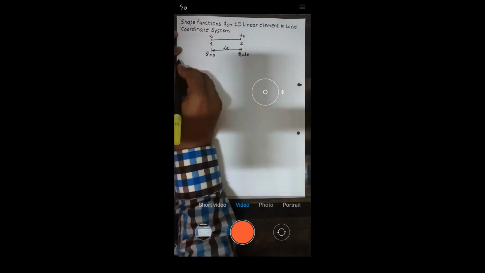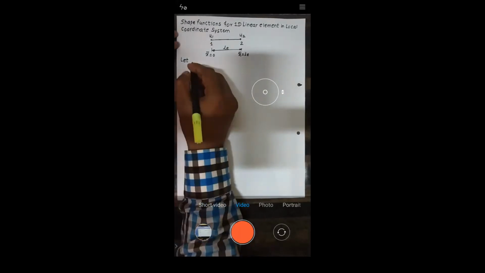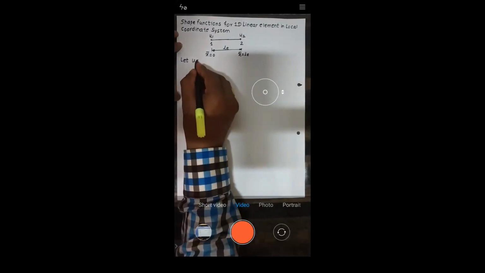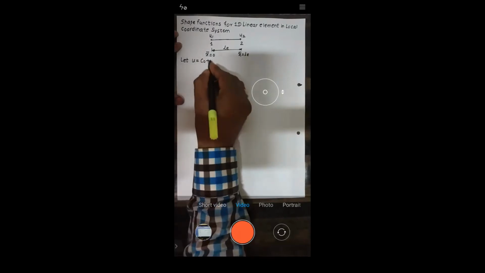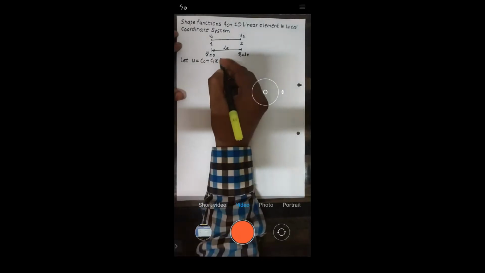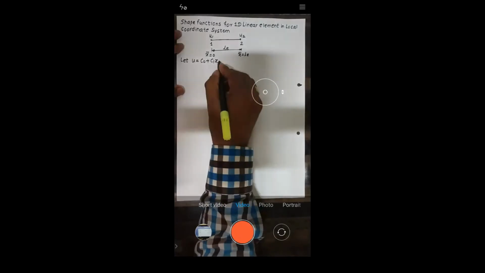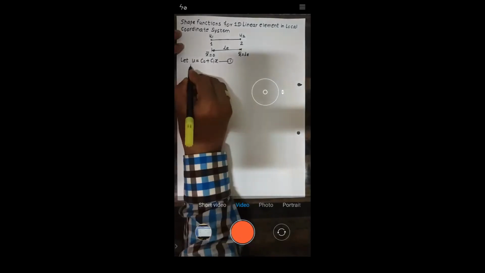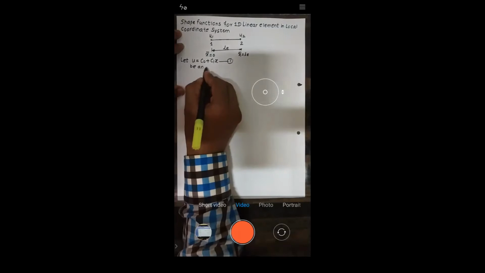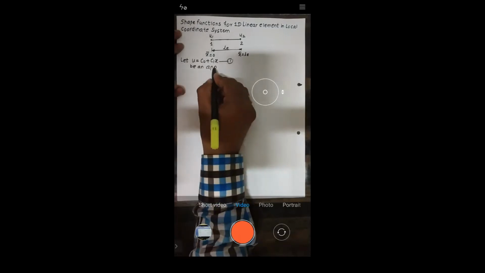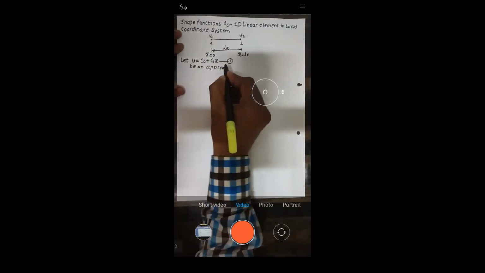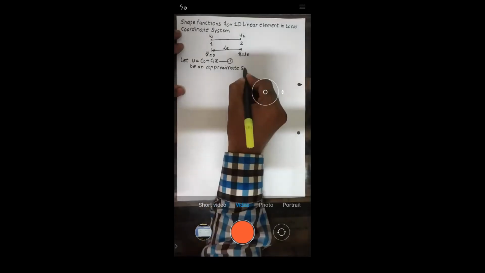For that, I need to write down an approximate solution. Let u be equal to C0 plus C1 x, equation number 1, be an approximate solution.